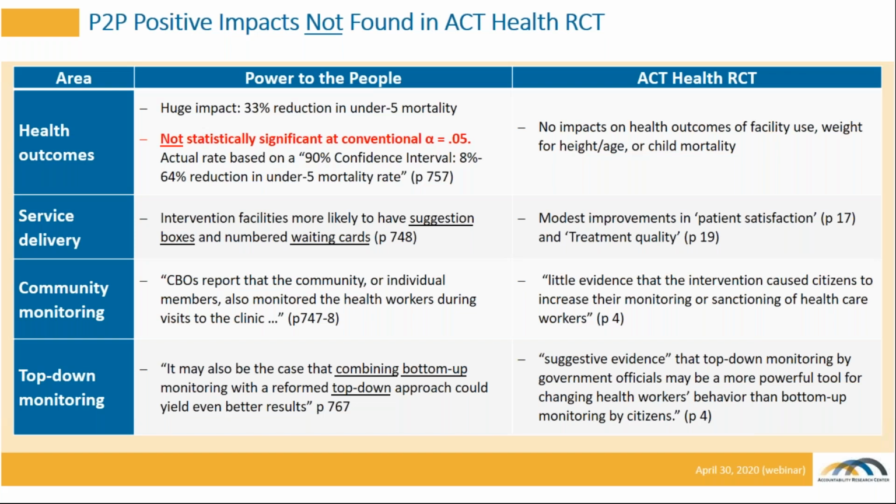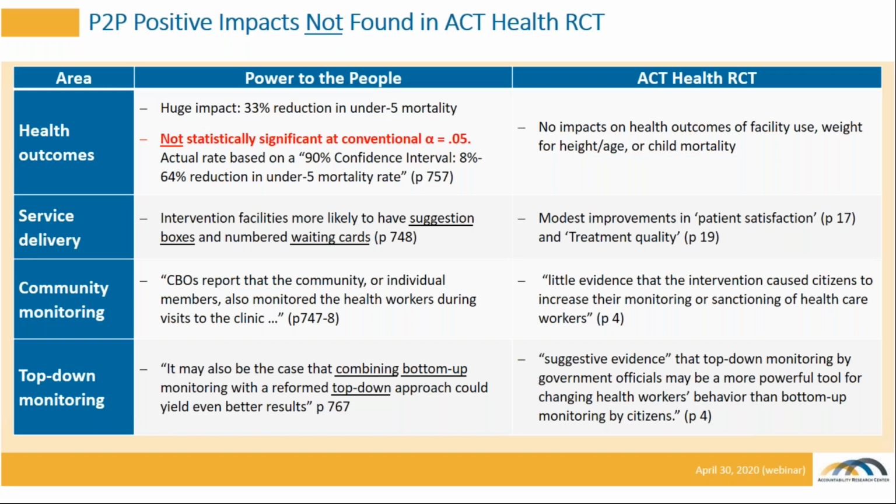In the area of community monitoring, the Power to the People researchers said that community-based organizations that implemented this reported that community members also were monitoring health workers when they visited the clinics.